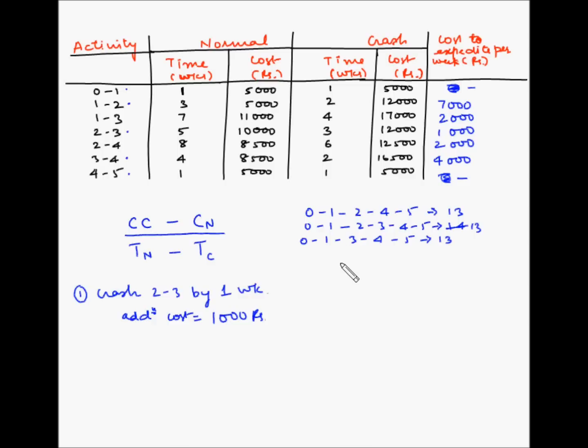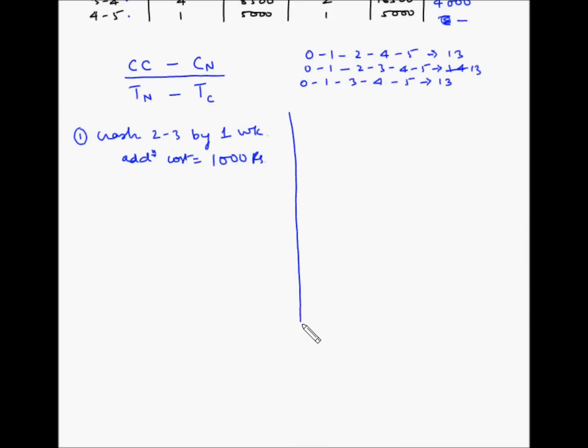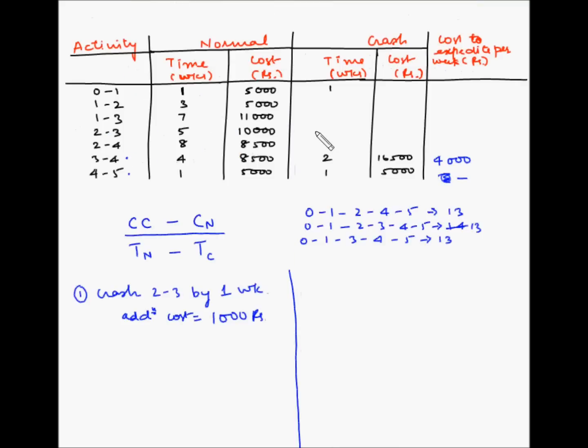So now we have to identify which are the other activities or combination of activities which can be crashed. So let's do that analysis. So let's first identify what are the activities on each of these paths which can be crashed.